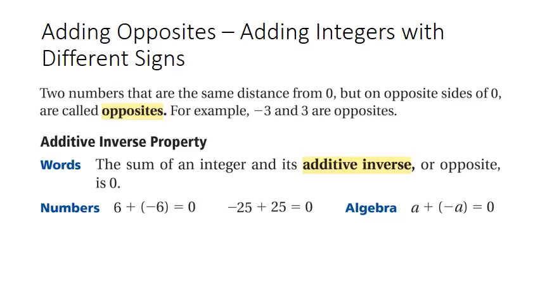So we can use the additive inverse property. And the additive inverse property says that the sum of an integer and its additive inverse, or opposite, is 0. So we can see 6 plus negative 6 is going to become 0, because that becomes just a 6 minus a 6. We can say, okay, negative 25 plus 25 is also going to be 0, because that's just going to be 25 minus 25.